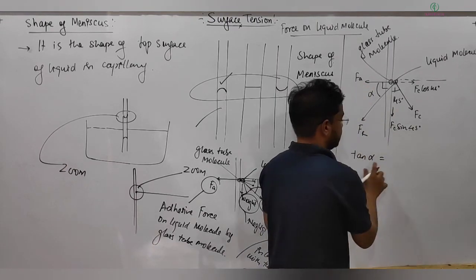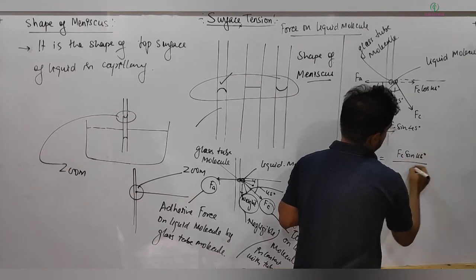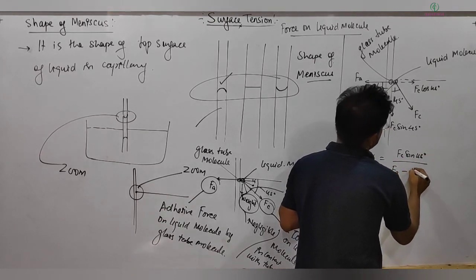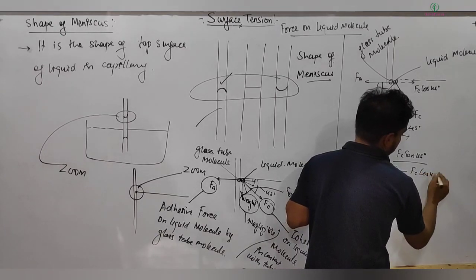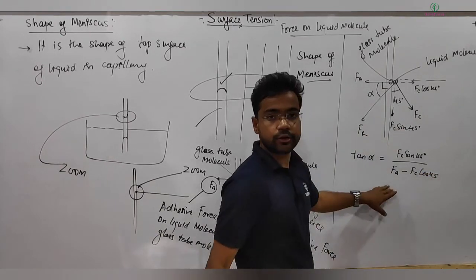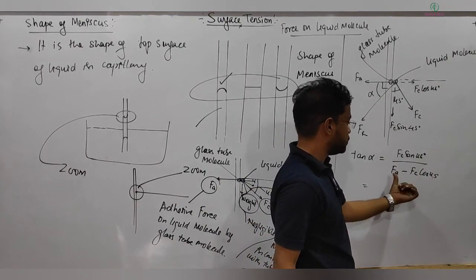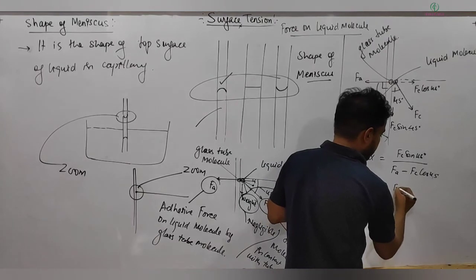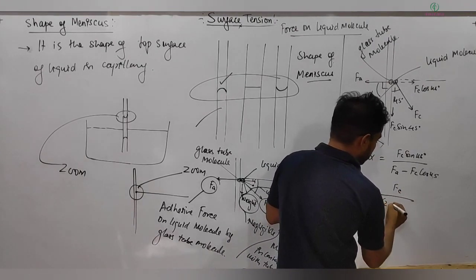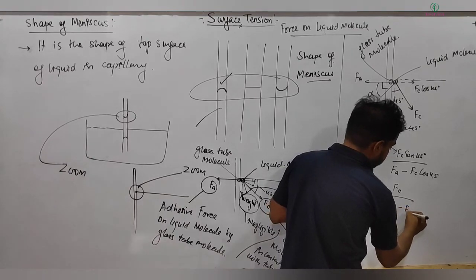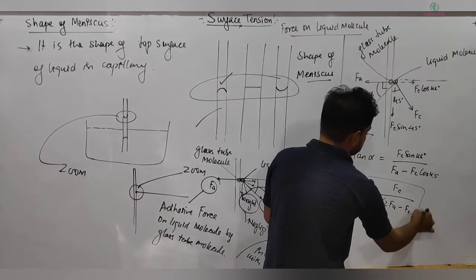So tan alpha will be equal to FC sin 45 divided by FA minus FC cos 45, right? I hope you are clear. So this is FC by root 2, so tan alpha equals FC divided by root 2 FA minus FC.